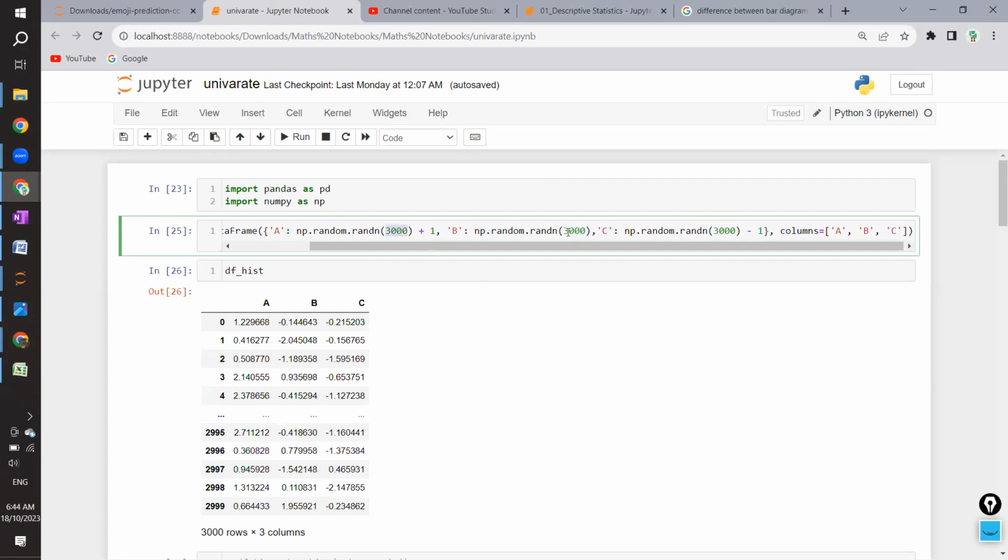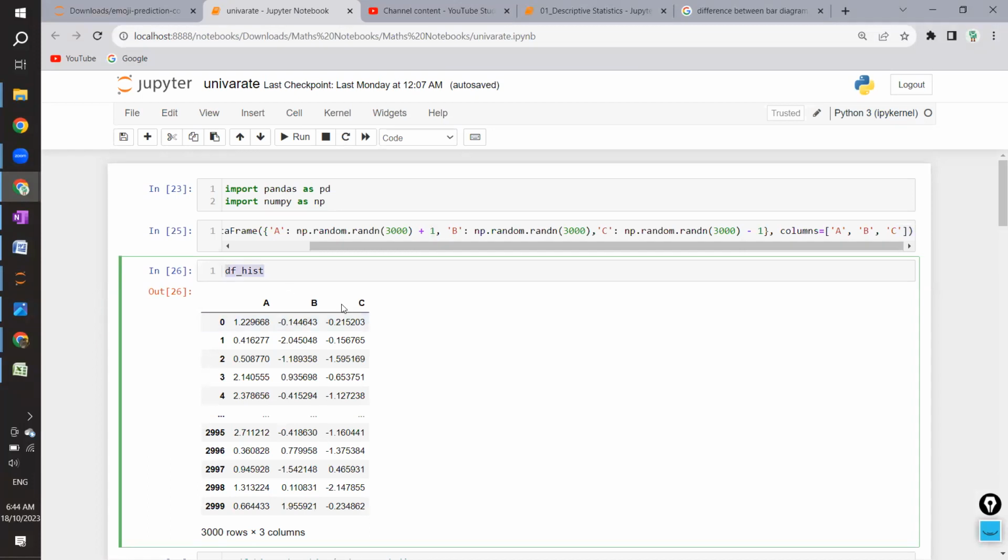You are having 3000 values each, so here I'm just adding plus one, exactly 3000. Whatever value you get here, I'm subtracting 1 from it. So there are different ways you can generate the data. You can see these are the columns A, B, C, and any column you can take. Here we have generated the data, that's it.